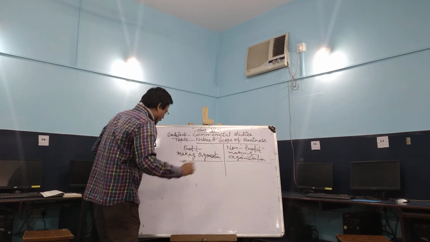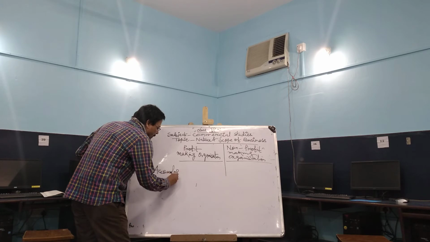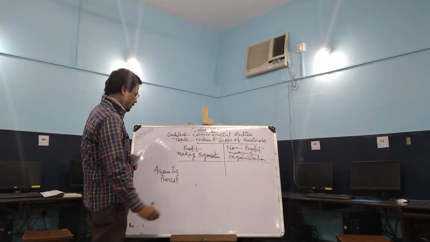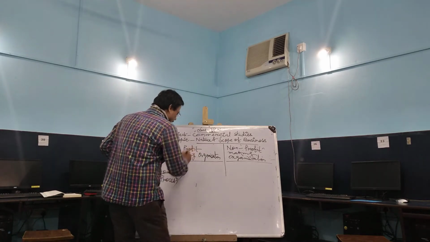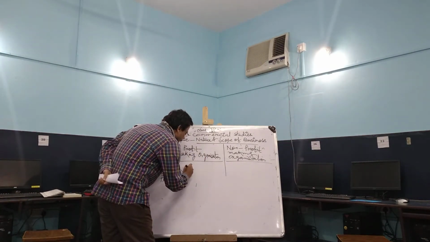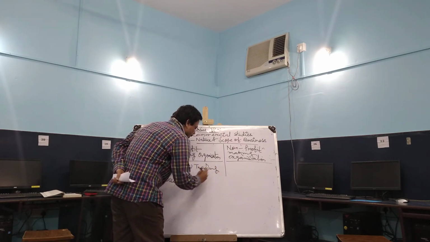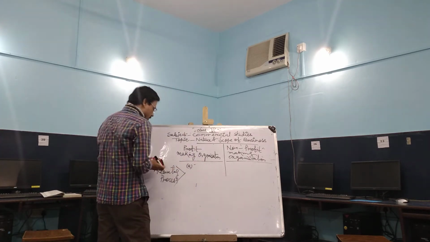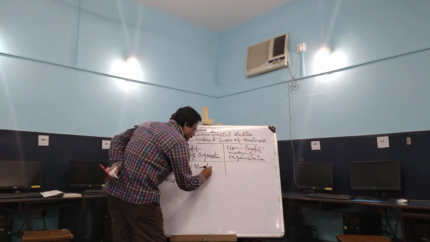In the case of a profit-making organization, in the accounting process, there are many different types of accounts to be maintained by them. Like number A, manufacturing account.